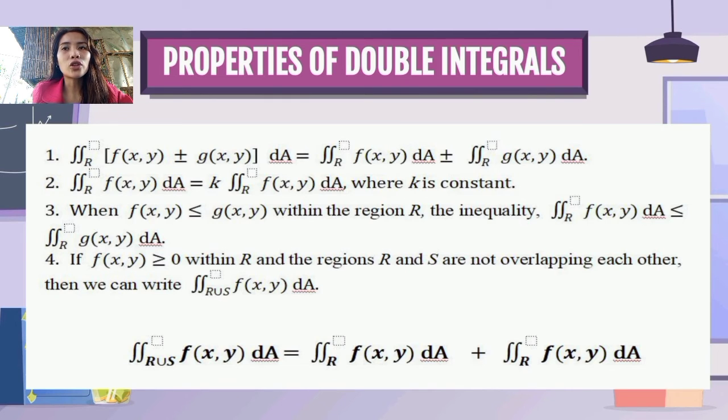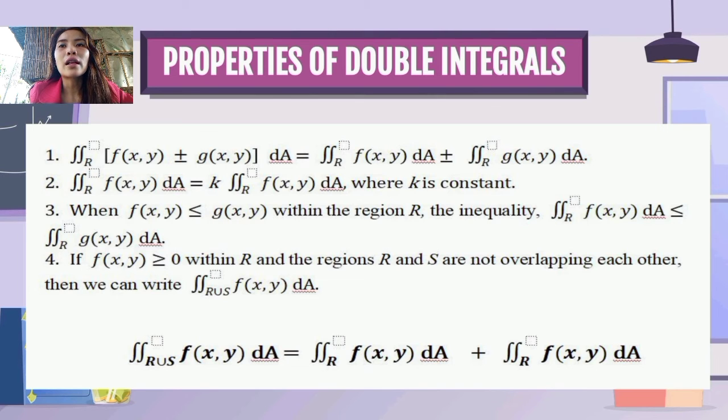And the third one is when f of x and y is less than or equal to g of x and y within the region R, the inequality holds: the double integral of f of x and y dA is less than or equal to the double integral of g of x and y dA.